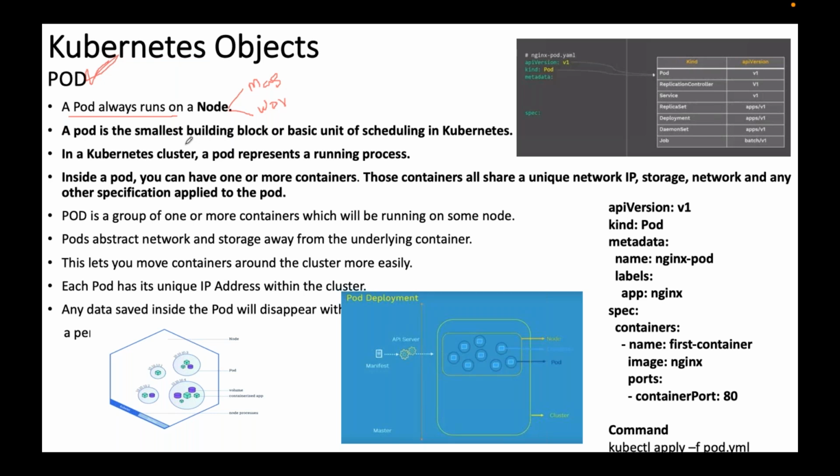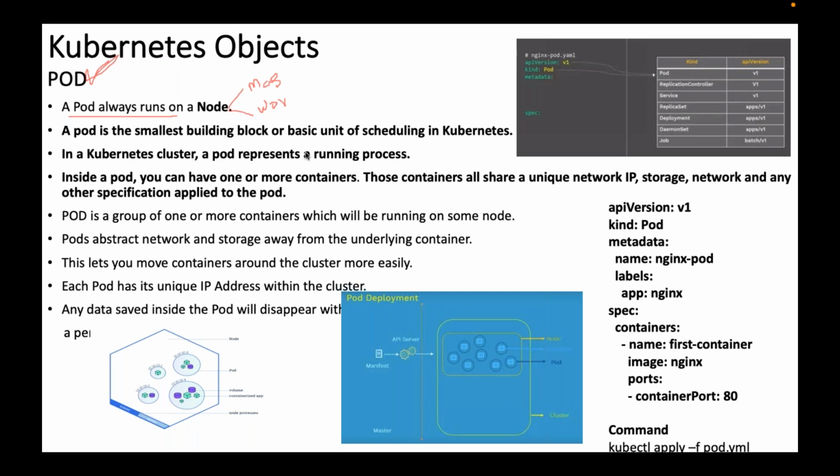Pod is the smallest building block, or basic unit of scheduling, in Kubernetes.